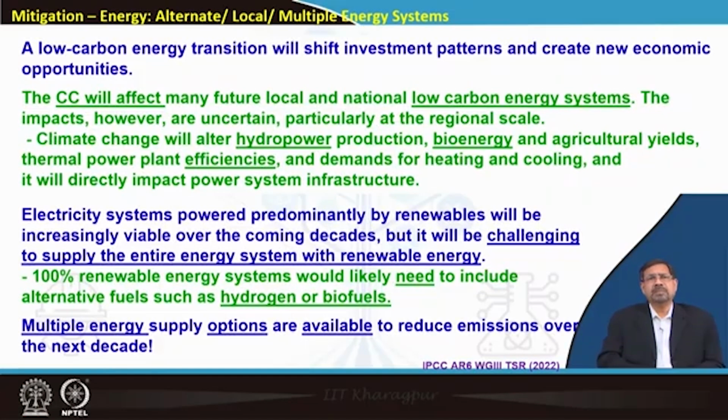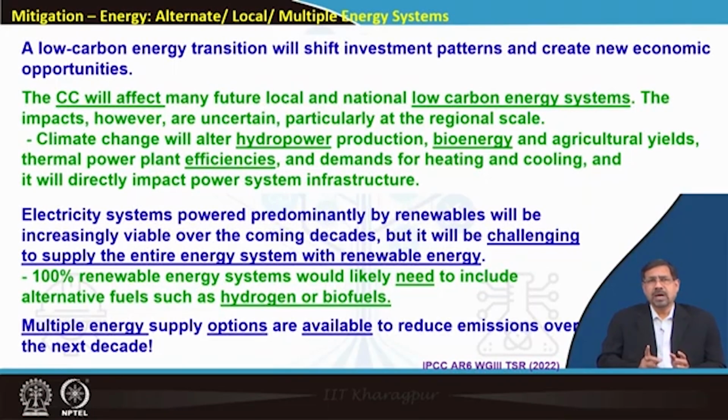Let us see: climate change will alter hydropower production, bioenergy and agricultural yields, thermal power plant efficiencies and demands for heating and cooling. Look at this. Because of climate change, these components of the energy sector will be affected.